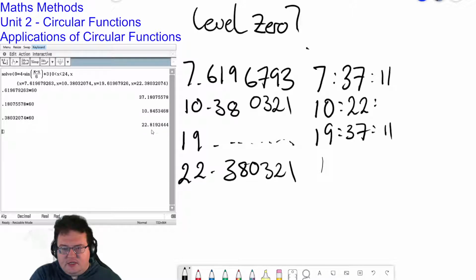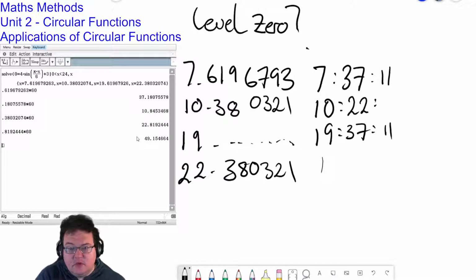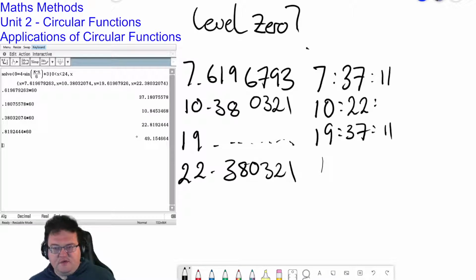Take the decimal points, times those by 60, and we'll get 49.15. So we will round that down. 49.